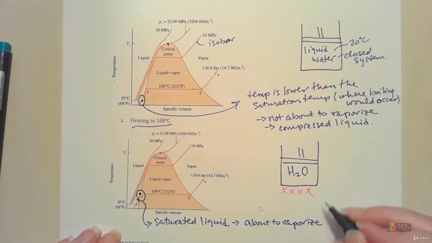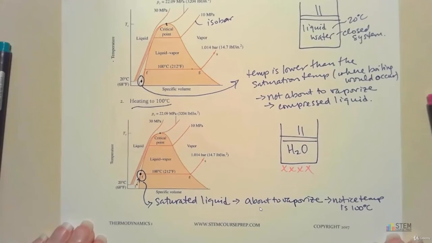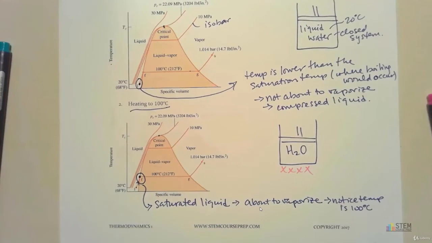Okay, and notice the temperature. All right, so it's 100 degrees Celsius. So that's the boiling point of water at your standard atmospheric pressure, okay, which is what we've got. So that's what that plot there is telling you. So if we go up to this point 1, or point F, where we've got the temperature of 100, we're on the verge of starting to vaporize. So we've got saturated liquid.